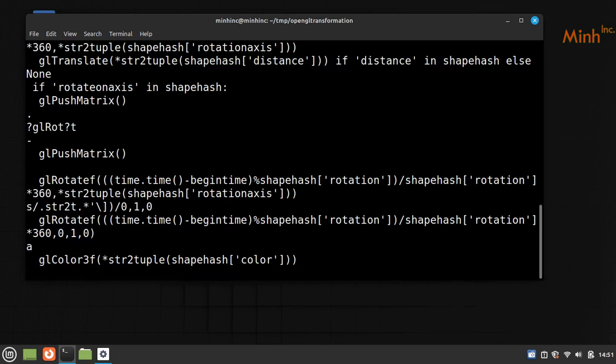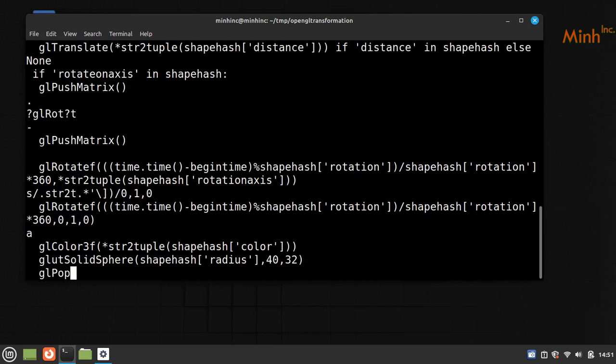Okay, we'll draw glut solid sphere shape hash radius, 40 and 32, GL pop matrix.